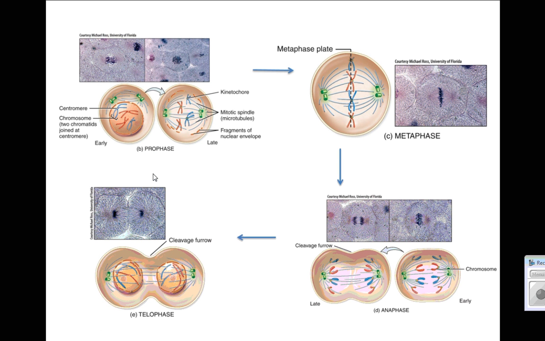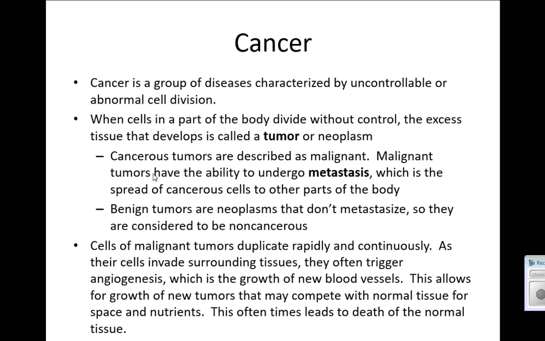For us to survive and develop, repair, we have to have cell division occurring. Unfortunately, cell division can get out of whack sometimes. I'm sure you've all heard of and known people with cancer. Cancer occurs when cell division isn't occurring correctly.